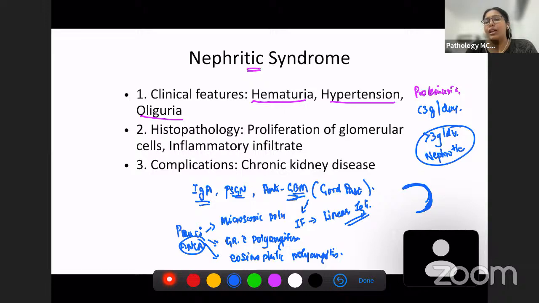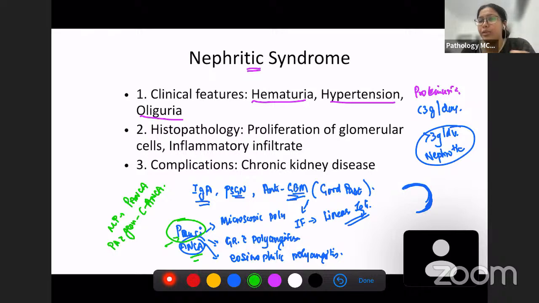So these are all ANCA-associated conditions. Also remember, microscopic polyangiitis is P-ANCA-associated, and granulomatosis with polyangiitis is C-ANCA-associated. These are known as pauci-immune conditions because they do not have much immune deposition in the kidney. Pauci means less. So these are the few nephritic related conditions which you can remember.